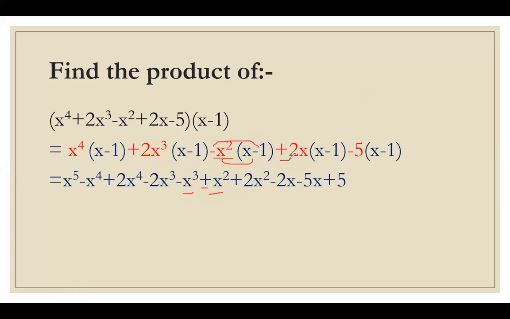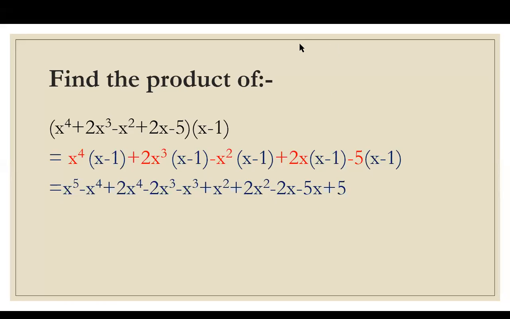Now 2x times x we get 2x square, then plus minus we get minus 2x ones are 2x, here minus plus we get minus 5x, and here minus minus, look at this step carefully, minus minus, we get 5 ones are 5.